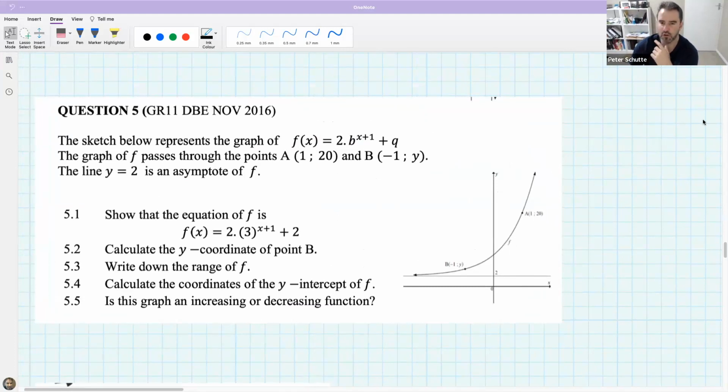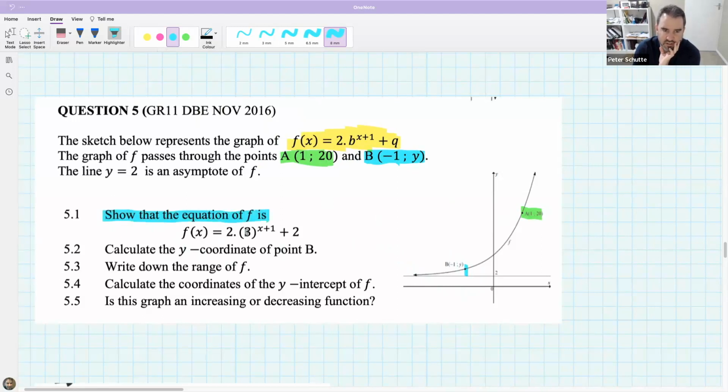And if we look at this question, it says that we've got the graph 2 times b^(x+1) plus q. And so we're missing the b value and the q value. It then says the graph passes through the points A(1, 20), and also the point (-1, y), which is down here. Show, this is interesting, show that the equation of f is that.